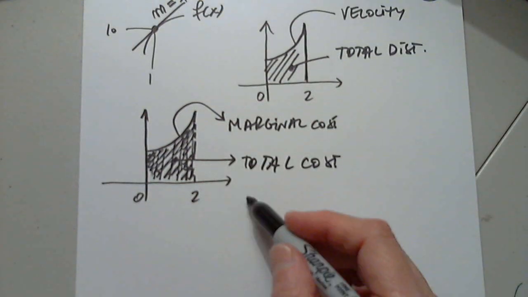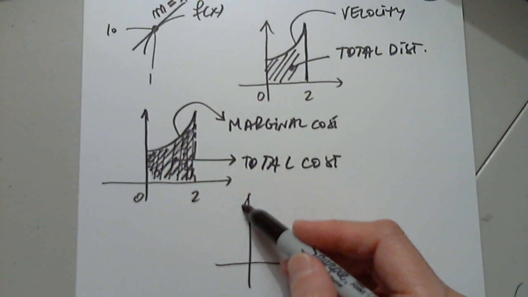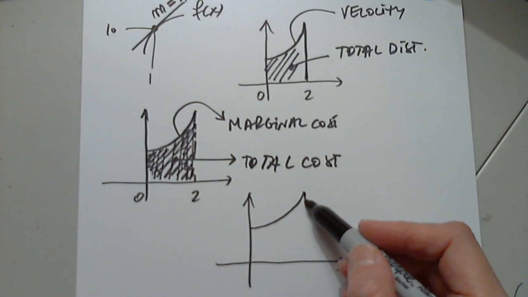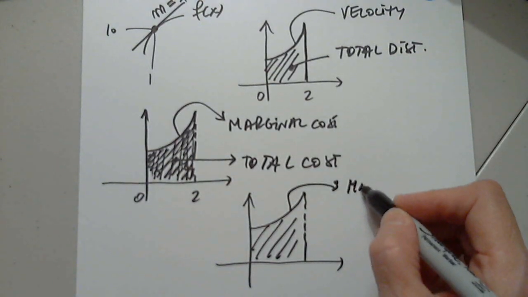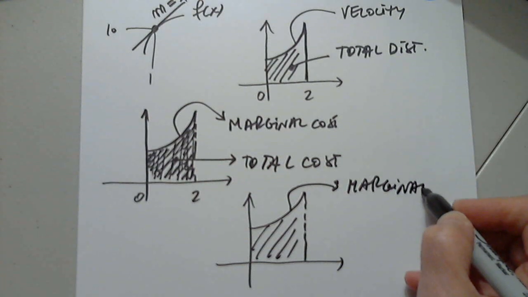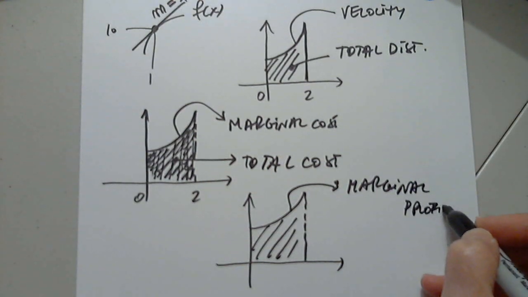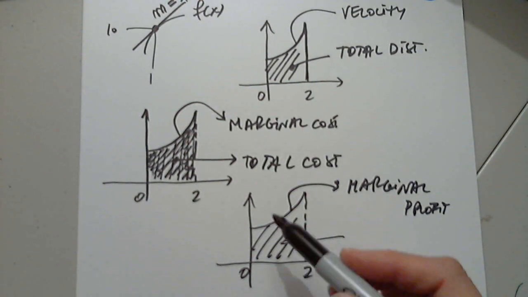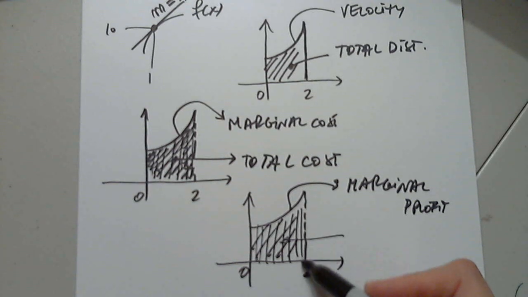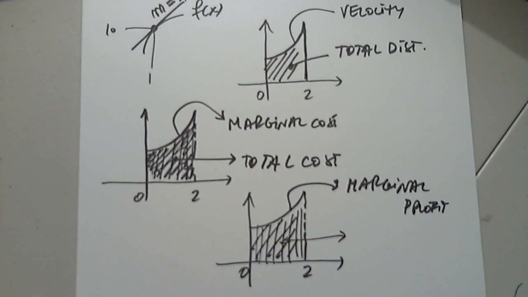Okay, one more. What if I have now the marginal profit? So this function is the marginal profit. I'm still using 0, 2 because I want to go back to our example. What will the total area, if I manage to determine this area somehow, represent? Total profit.